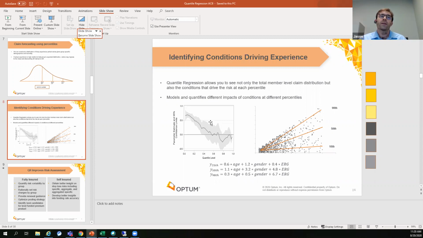Those things make a big difference between men and women in terms of anticipated claim costs for reasonable parts of the claim distribution. But when you get to very high costs, the very extreme ends of the distribution, say treatments for cancer and things like that, there's not such a big difference between the two genders in terms of the future prospective costs.